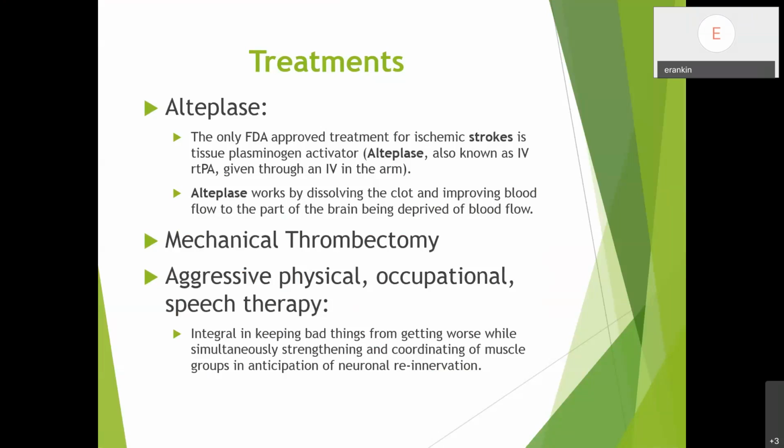Basically, it keeps bad things from getting worse as you wait for spontaneous recovery to continue to take its role. Bad things getting worse are such as contractures, inability to swallow, and neurobehavioral consequences, which will all cause secondary deficits and secondary conditions that will impede recovery.